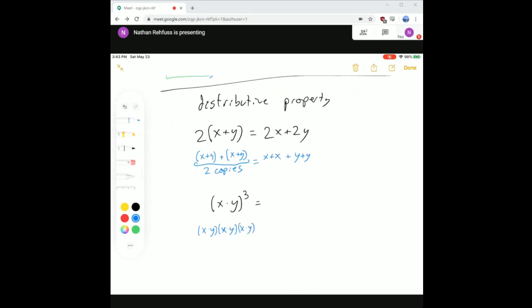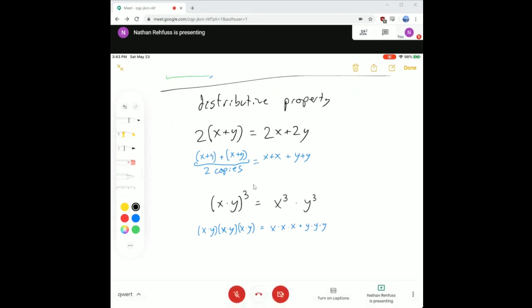I can change the order without changing anything. I'm going to write the 3 x's and then the 3 y's. Commutative property. Well, that's 3 copies of x is x cubed, and 3 copies of y is y cubed. And there was nothing special about the 3. This would work with any exponent, 2 or 4 or 10 or -6 or 5 halves even.